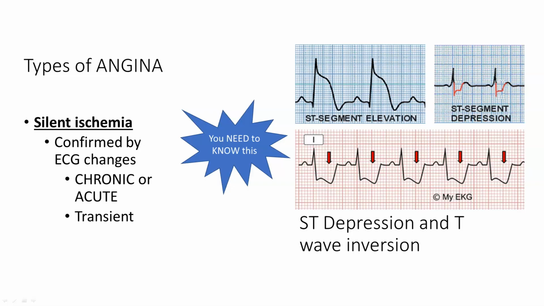So this is obviously ST elevation, right? It's huge, it's big. The ST does not come back down to that isoelectric line or below it. So this is very acute. This is probably the person who is going to get sent to the cath lab.